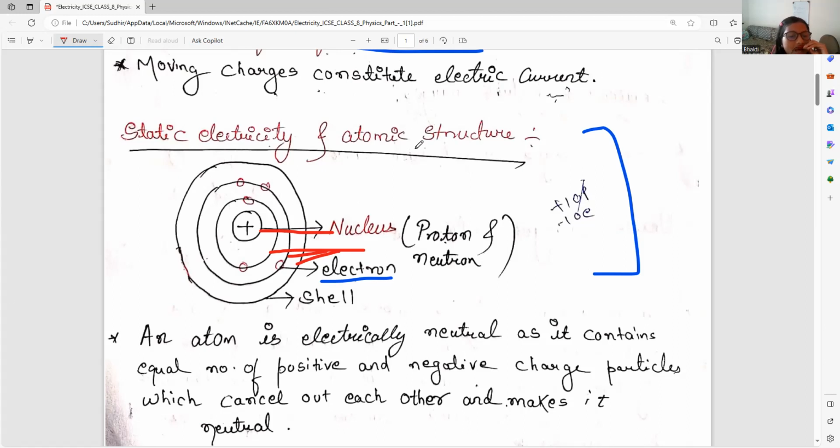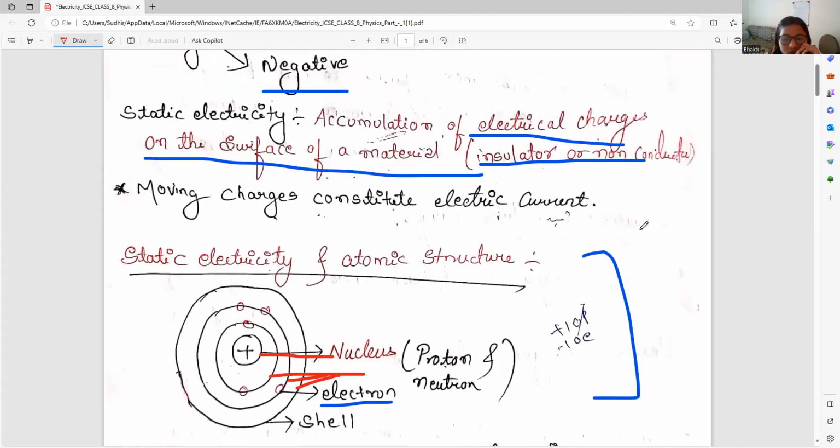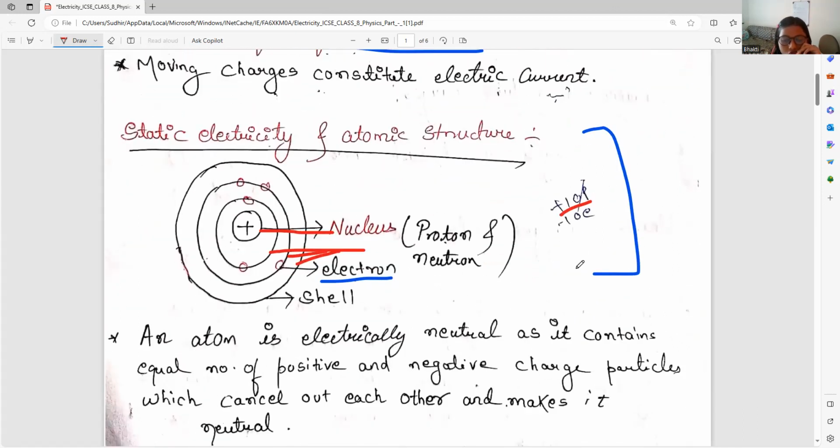Structure of atom. An atom has a balanced number of positive and negative charges. It is not like positive is high in amount or negative is high in amount. Both balance. For example, if there are plus 10 protons and minus 10 electrons, protons are positive and electrons are negative, so plus and minus cancel to 0, and it will be neutral.